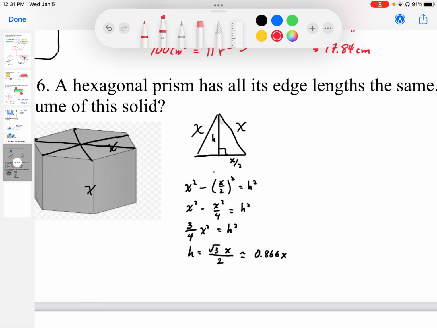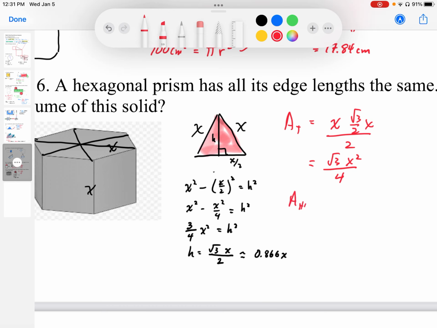It's going to be the base, which is x, times the height, which is root 3 over 2 x, all divided by 2. So that's going to be root 3 x times x, divided by 4. That's the area of a triangle.